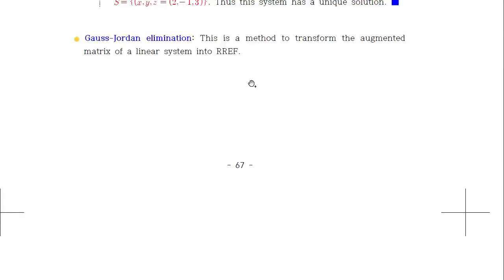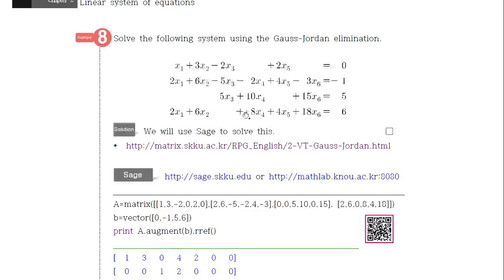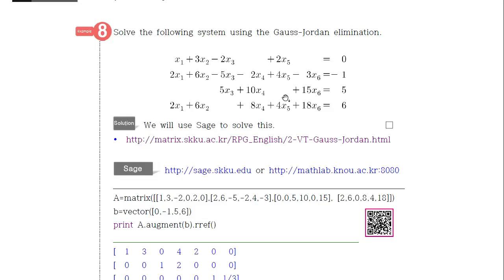Gauss-Jordan elimination is a method to transform the augmented matrix of a linear system into RREF, reduced row echelon form. For example, suppose you have this linear system of equations and you use Gauss-Jordan elimination.